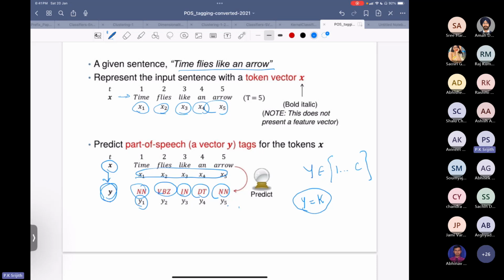In general, you can think of your output y as having more complex structures. For example, the output y can be a tree structure. In NLP, there is a problem called parsing. In parsing, you try to identify how different components of the sentence are related to each other and how they are dependent upon each other.